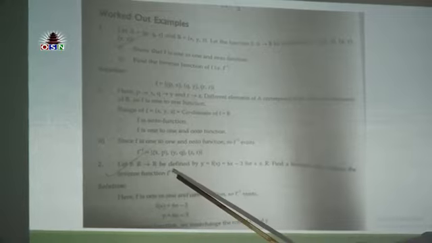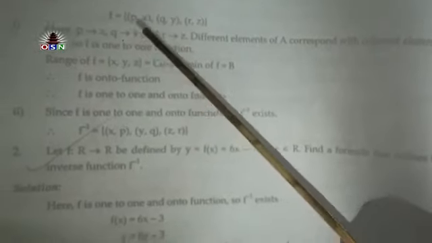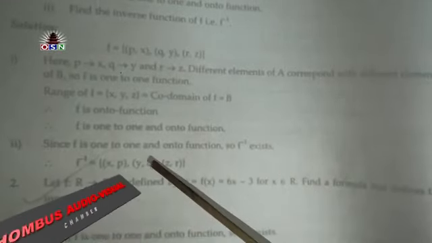For the inverse function, what I told you is: just exchange input and output, then you will get a new function. The new function is defined as the inverse function of the given function. Here, in place of Px you have written Xp, in place of Qy you have written Yq, and in place of Rz you have written Zr.